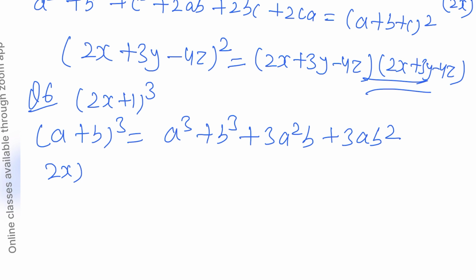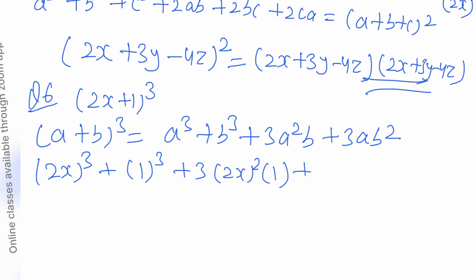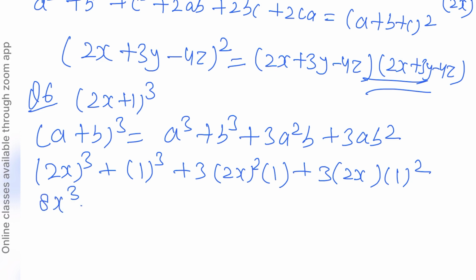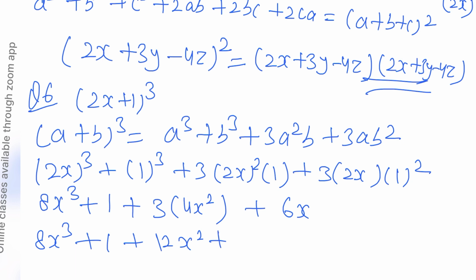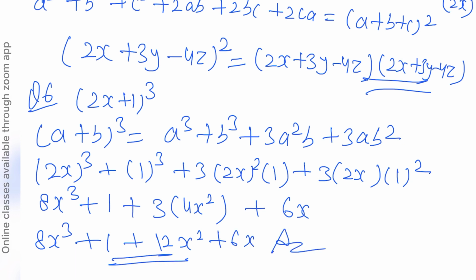So (2x) whole cube + 1 whole cube + 3 into (2x) square into b which is 1 + 3 into a which is 2x and b is 1 square. So 2 cube is 8 and x cube is x cube, 1 cube is 1, plus 3 into (2x) square, that means 4x square, into 1 is the same number, plus 3 times 2, that is 6x, and 1 square is 1. So 8x cube + 1 + 12x square + 6x. So this is the expansion of this cubic function.